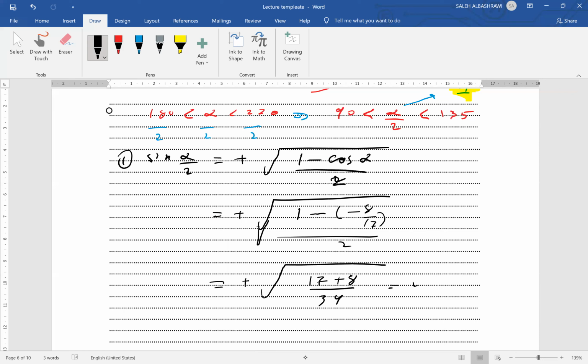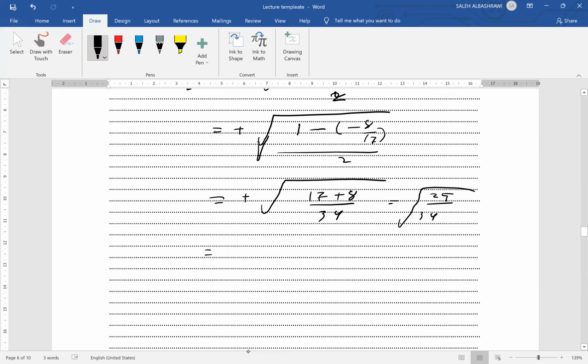This will be square root of 25 over 34, which is equal to 5 over square root of 34, and by rationalizing, this is 5 multiplied by square root of 34 divided by 34. So this is sine of alpha over 2.